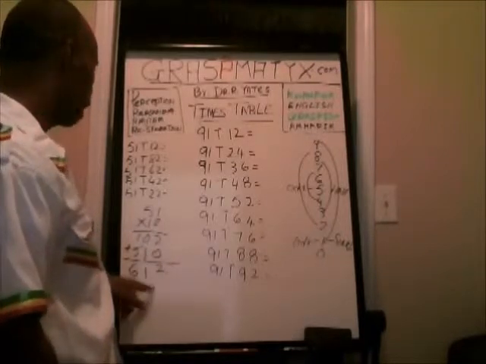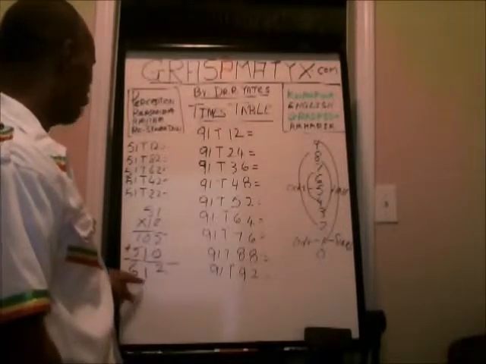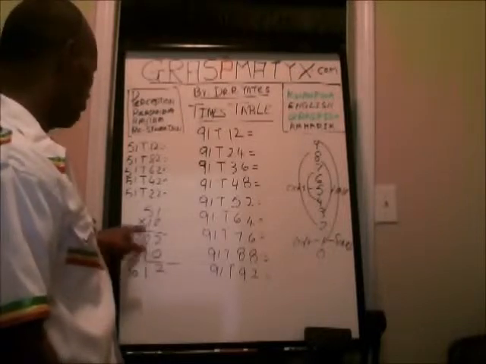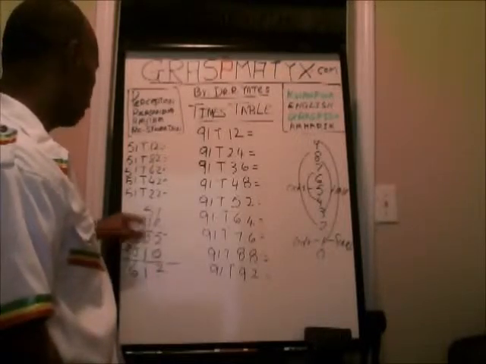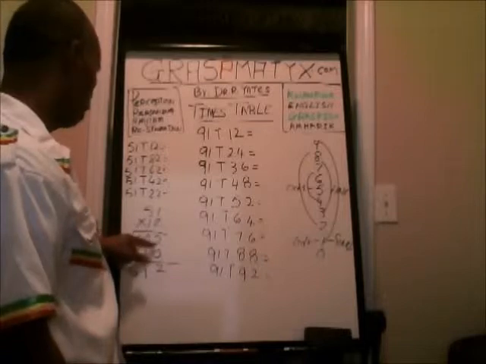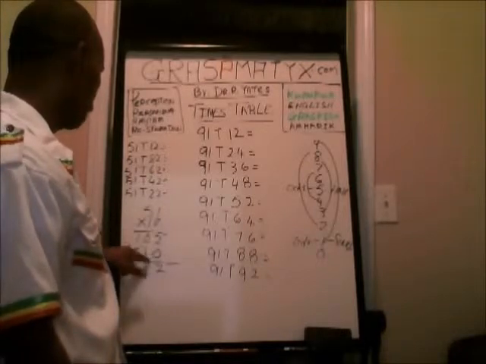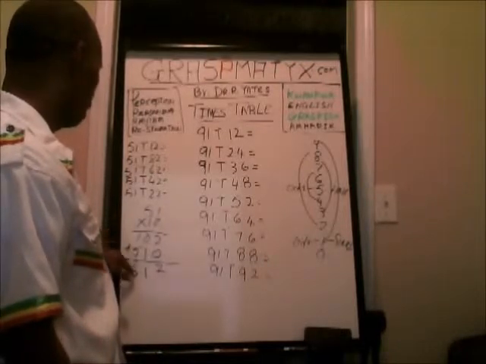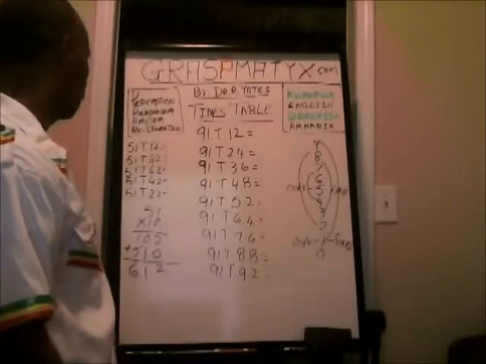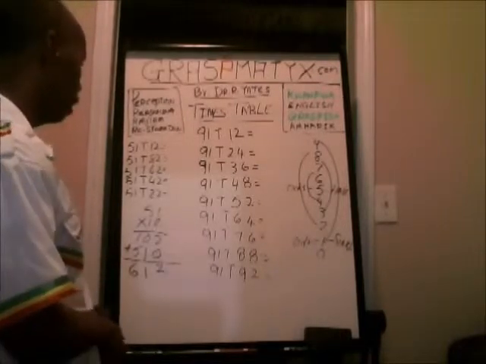You see? That's how that is done. I got 2 1s are 2, 2 5s are 1-0. Put the 0 here. 1 times 1 is 1. 1 times 5 is 5. When I add it up, I get 6-1-2. You see that, right? Good.